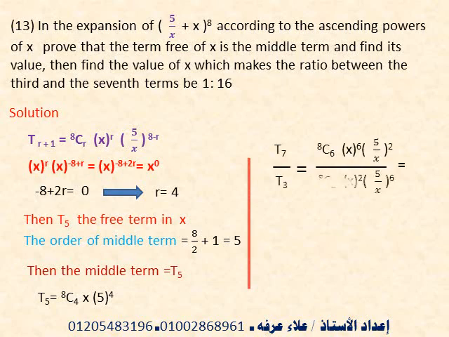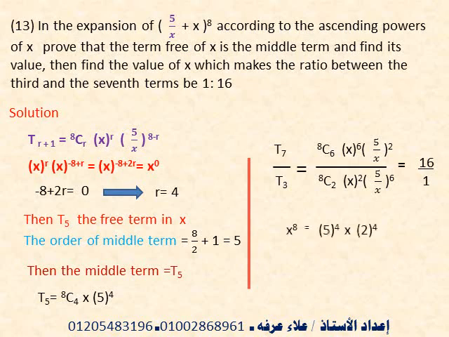The ratio between T7 over T3 equals 16 over 1, which equals 8C6 x^6 (5/x)^6 over 8C2 x^2 (5/x)^2.